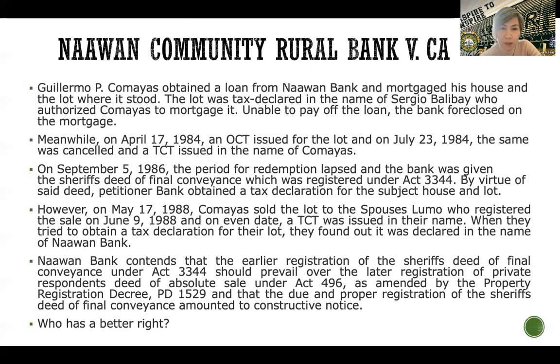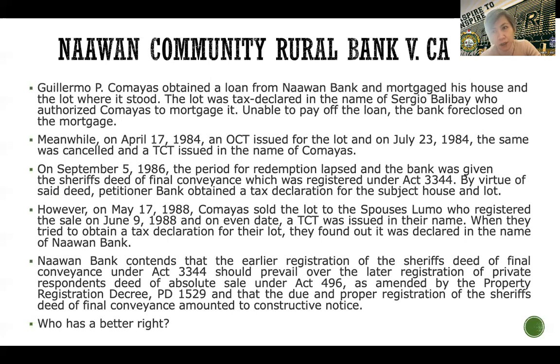However, kaning si Comayas, pag 1988, despite failure to redeem the property, was able to sell it to spouses Lumo. And they registered the sale, and a TCT, a transfer certificate of title, was issued in their name. When they tried to obtain a tax declaration for the lot, they were surprised to find out that the lot was declared in the name of the bank.